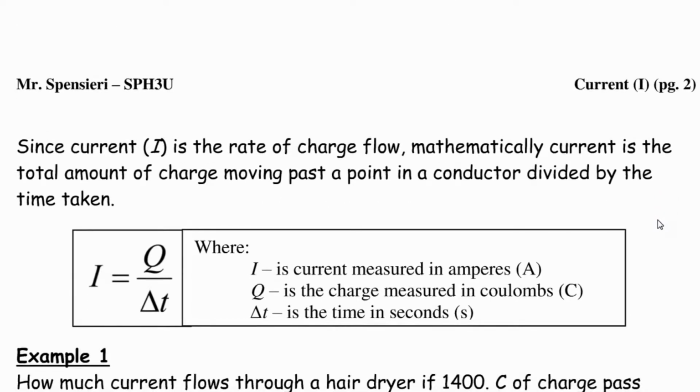To calculate current, simply take the total charge that passes through an area in the given amount of time that it takes. This is the definition of what an ampere measures: 1 coulomb of charge per 1 second.